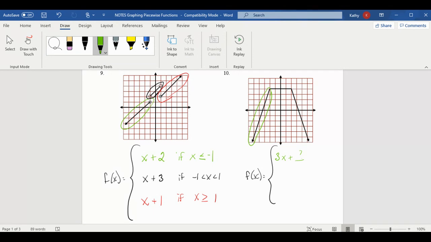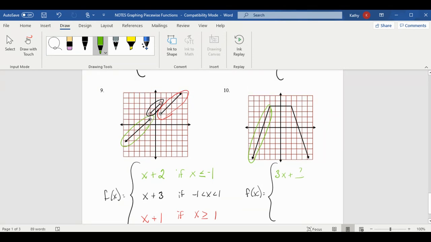Well, we're going to remember, hopefully, point-slope form. We look at point-slope form. Let me do it this way: y minus y1 equals your slope times x minus x1.